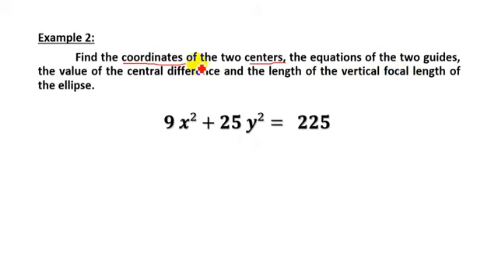Here we have 9x square plus 25y square equal 225. Let's take that and try to get the solution.